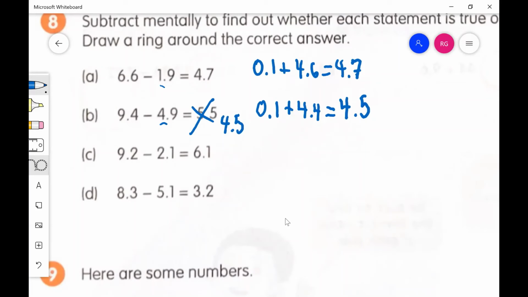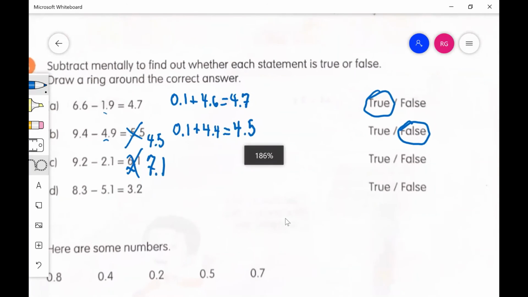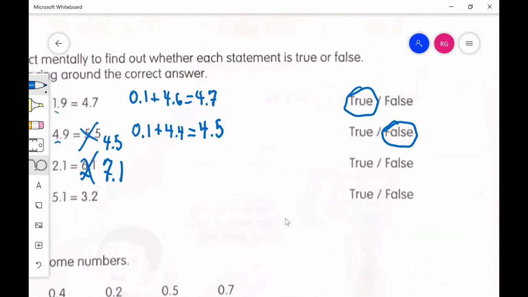I know that's going to be 7, right? So it's really 7.1. I can see that pretty clearly in my head that that is false, and this is really 7.1. Okay, 7.1 plus 2.1 is 9.2. So this is going to be false.